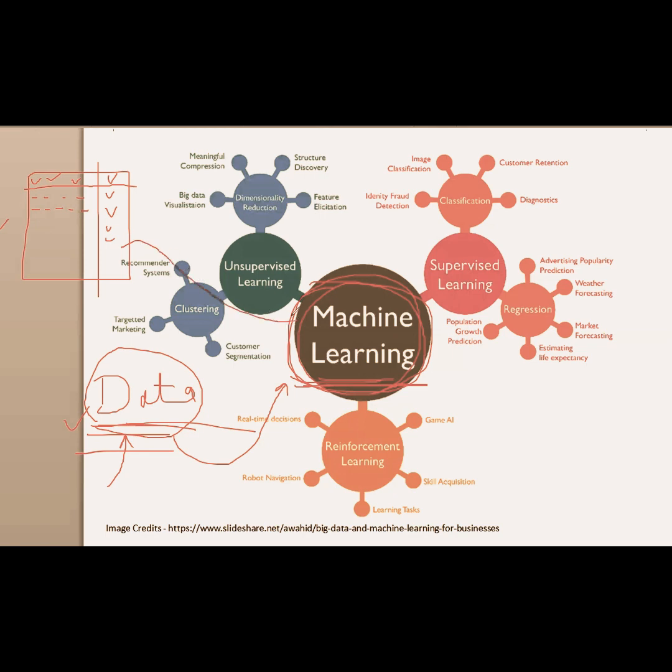You can pass it into your machine learning system. The system can understand this data and the patterns inside it. A pattern is nothing but: based on a certain combination of inputs, what was the output? That is a pattern. Every machine learning model tries to understand a pattern. How it learns it, we will see later.